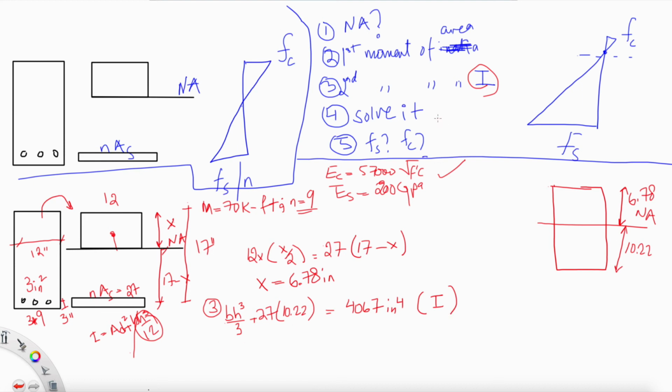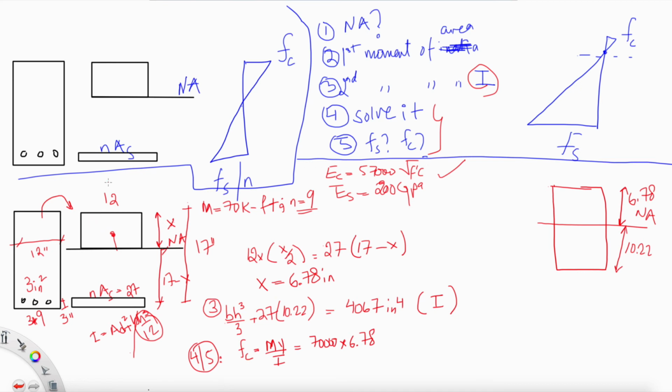We can do steps 4 and 5 in one step. So stresses in concrete: it is the moment exerted, My over I. M is 70,000 multiplied by the distance, which is x, 6.78, because the compression is above.